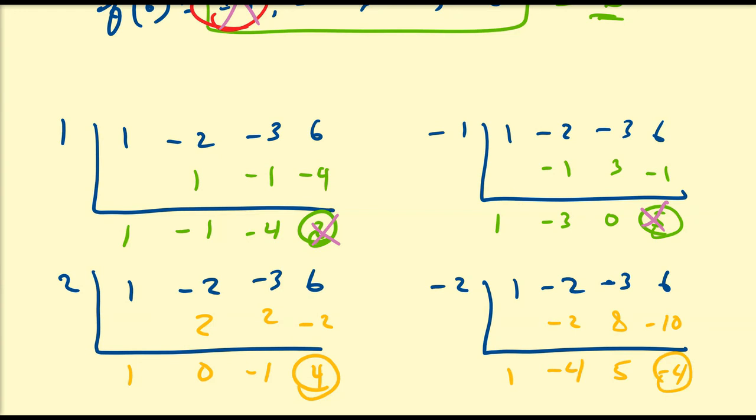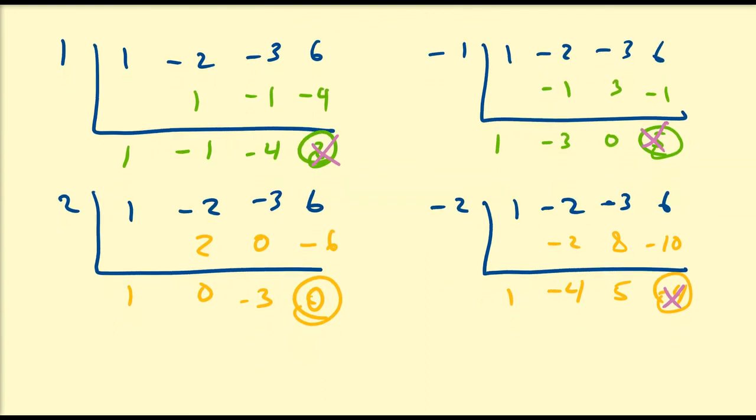Let's see, wait a minute. Something's off. So 2 times 1 is 2. That's 0. 2 times 0 is 0. That's going to be minus 3, minus 6, 0. There we go. That's better.